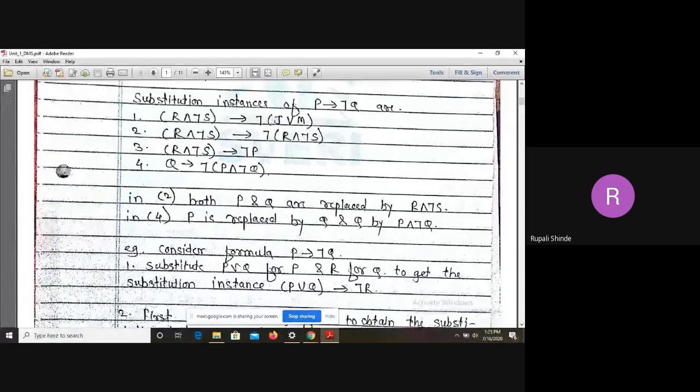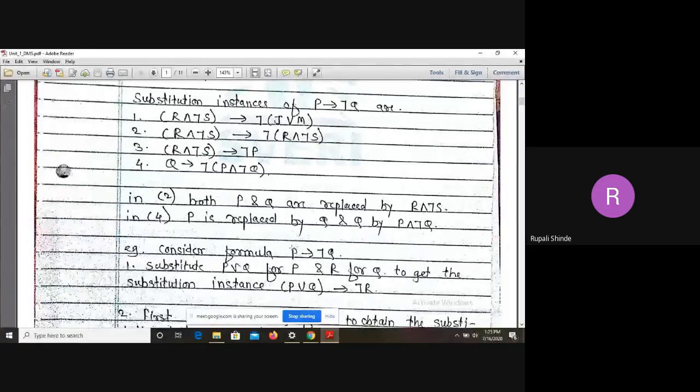Consider this formula P conditional negation Q. Here they have said: substitute P or Q for P and R for Q. Then what is the substitution instance?